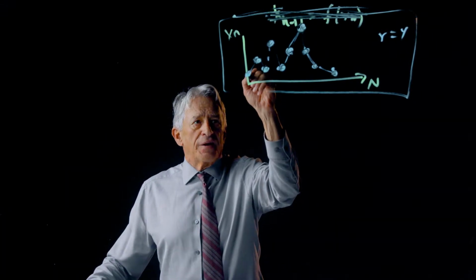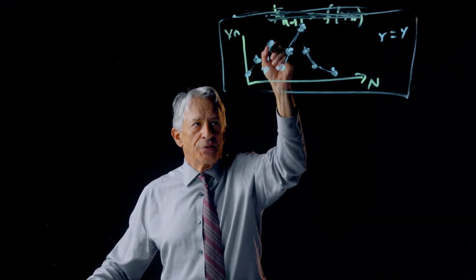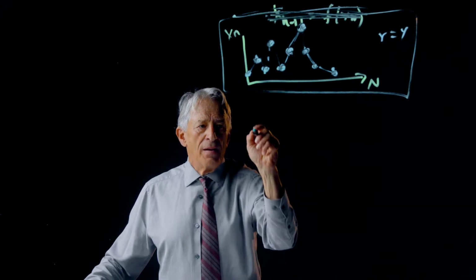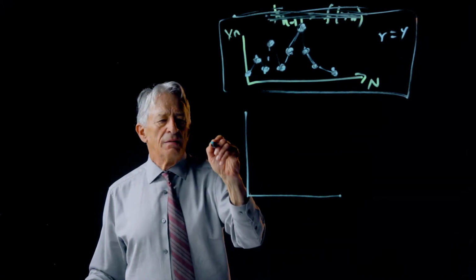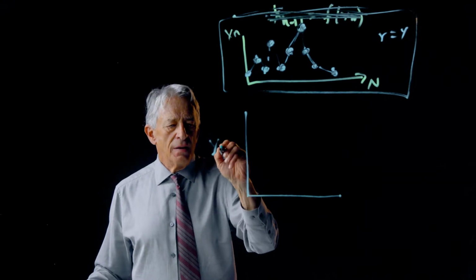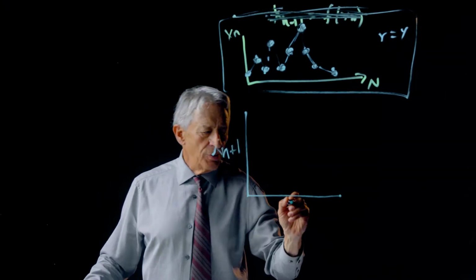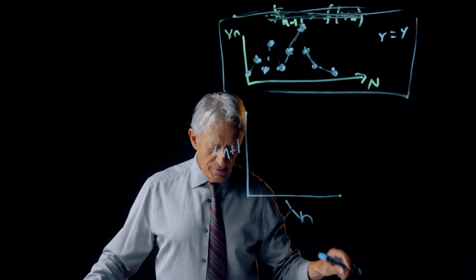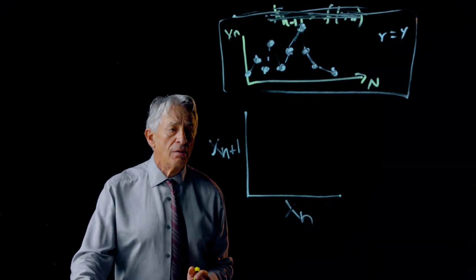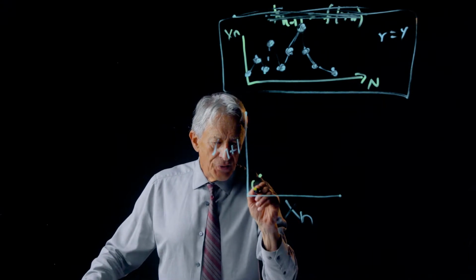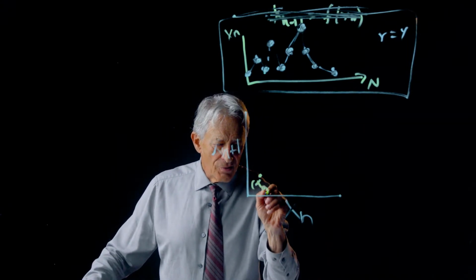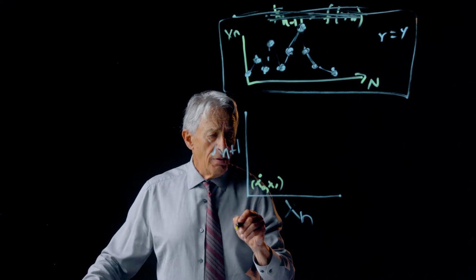You have x0, x1, x2, x3, x4. Make a plot of the data and plot xn plus 1 against xn. So your first data point is going to be x0, x1.